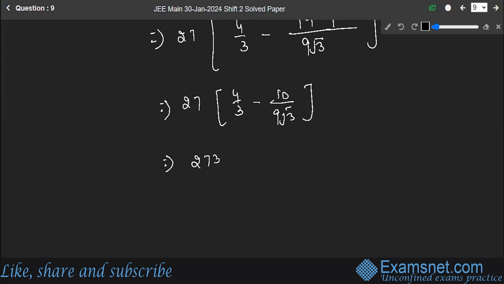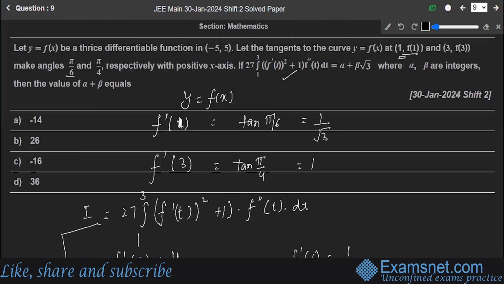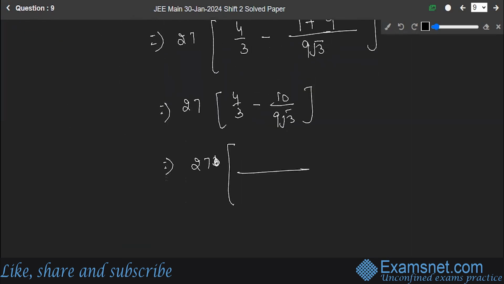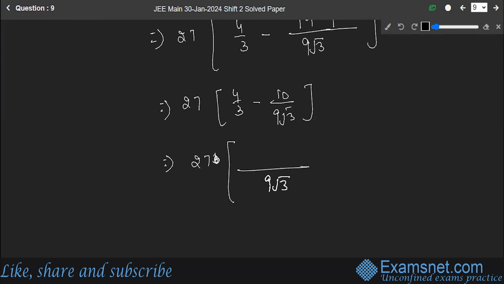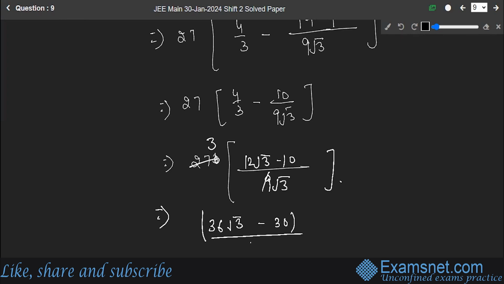Again the LCM, this will be 9 root 3 only. So here will be 3 root 3, which is 12 root 3 minus 10. And this will cancel 3. So you will have 36 root 3 minus 30 upon root 3, which is 36 minus 10 root 3.